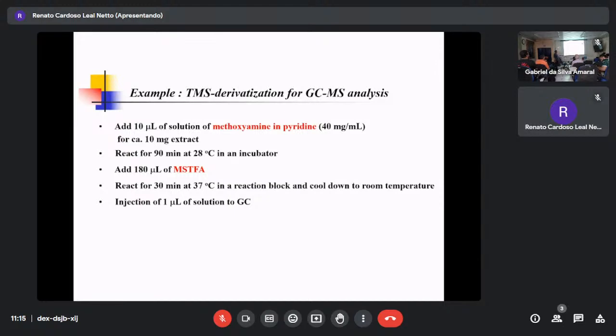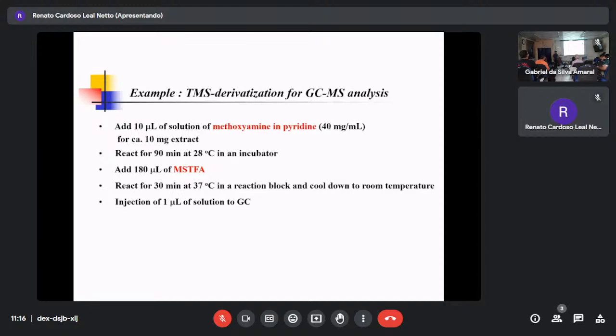Normal derivatization is pyridine, you dissolve the compound, you add the TMS reagent. But in this case, methoxyamine is used because it blocks the ketone, so ketone is always reactive. After that, you add MSTFA, one of the TMS reagents. 90 minutes at 28 degrees, then 30 minutes.